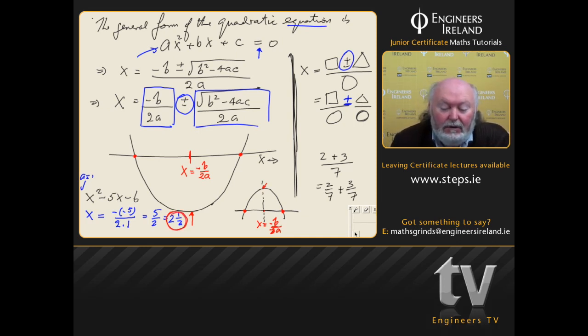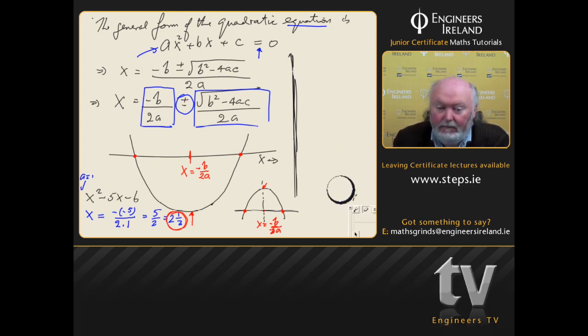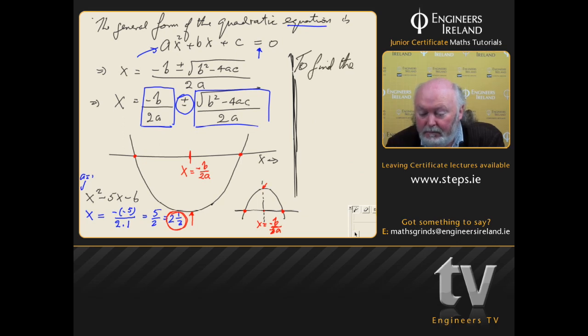So what you need to remember now is a very simple equation. To find the maximum, or minimum, use x equals minus b over 2a.